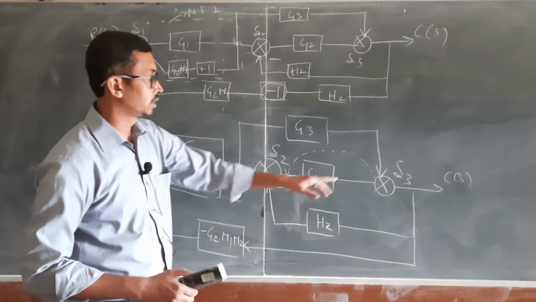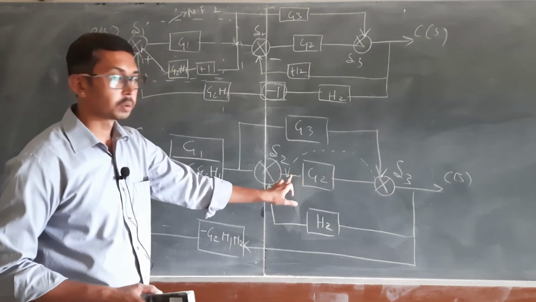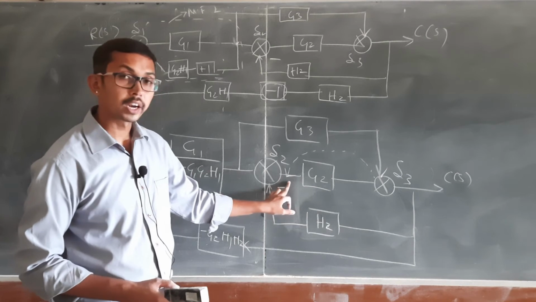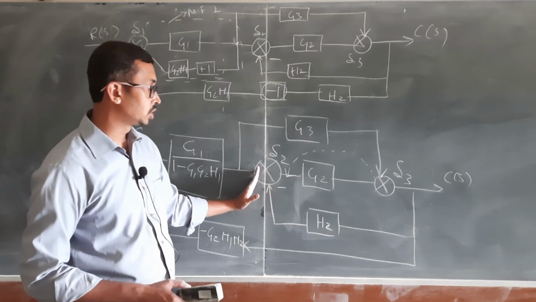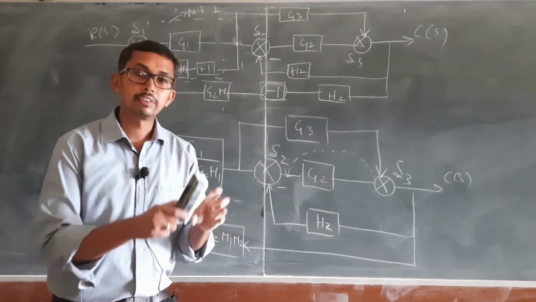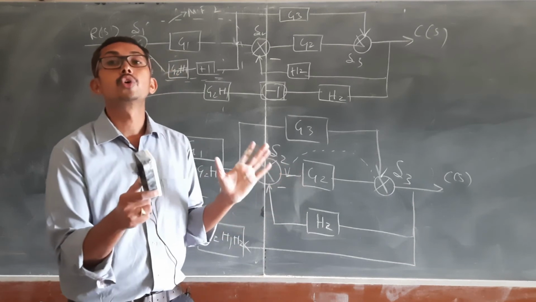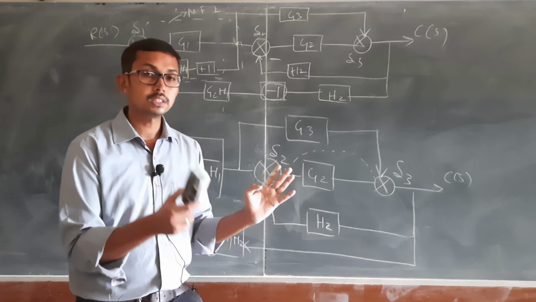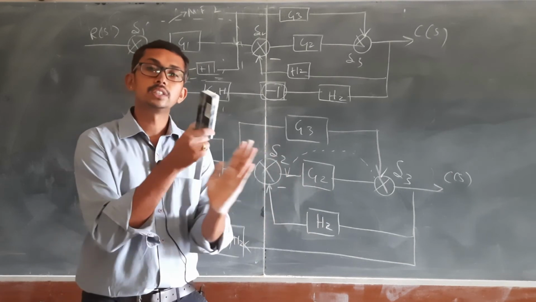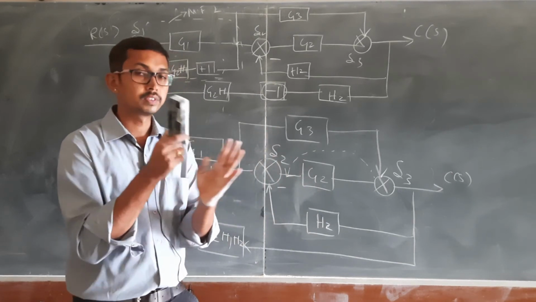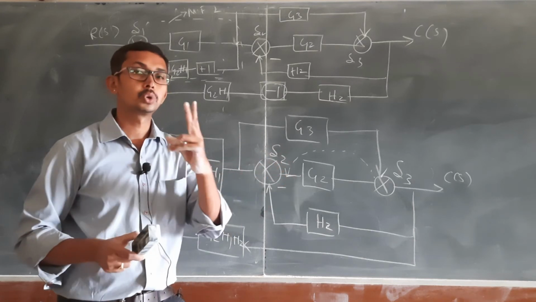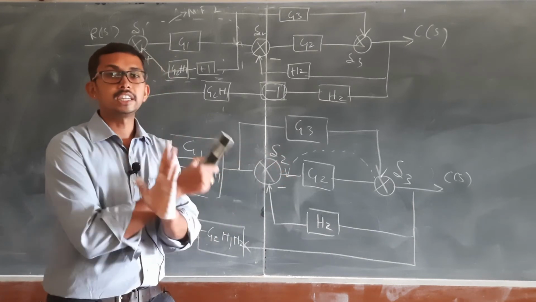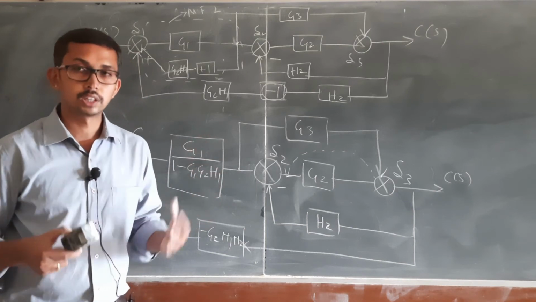Then summing point 2 and summing point 3 will be in series. Then we are going to apply the associative law. What does the associative law tell? If there is nothing between the two summing points, then we can interchange them, and there will be no change in the output.